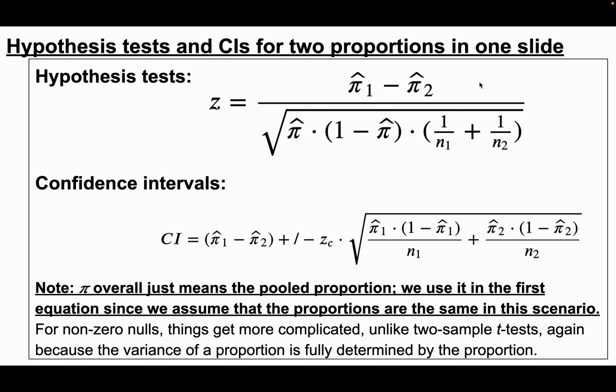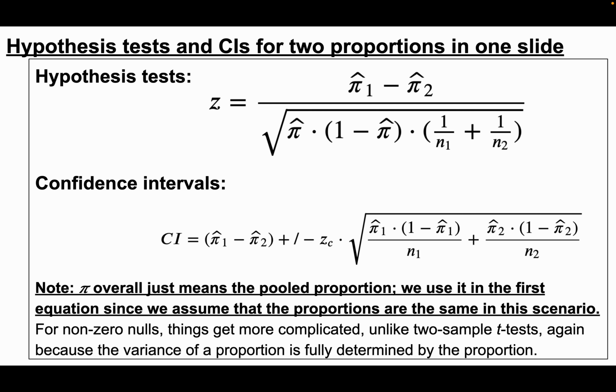So I'm not including the null hypothesis value here, which would be simply pi1 minus pi2 or pi1 naught minus pi2 naught, because it actually gets a little bit complicated for reasons that I discuss in the footnotes. Actually, sorry, right here. Because again, the variance of a proportion is fully determined by it. So we're not going to deal with that.